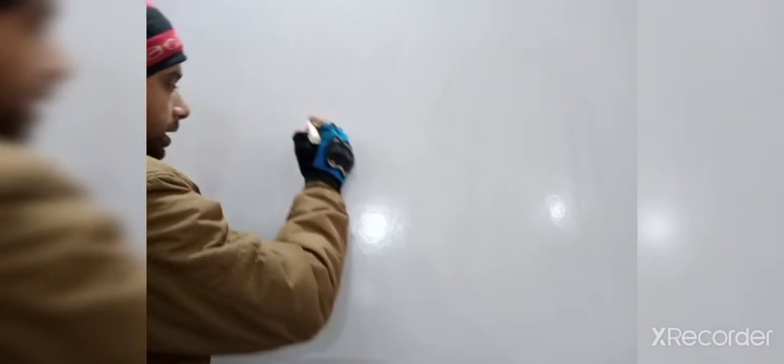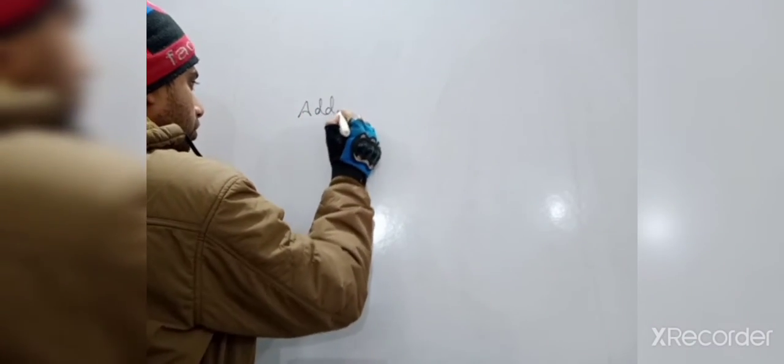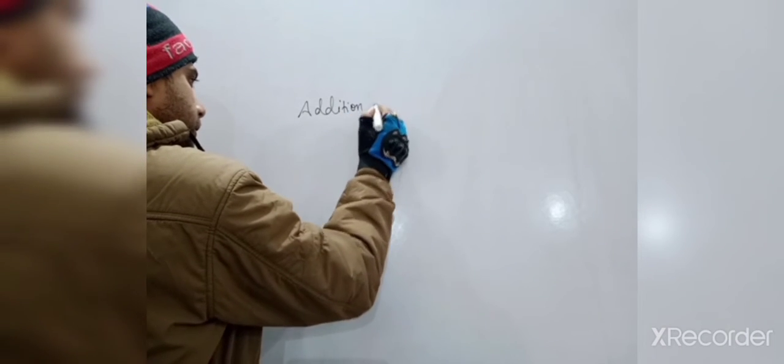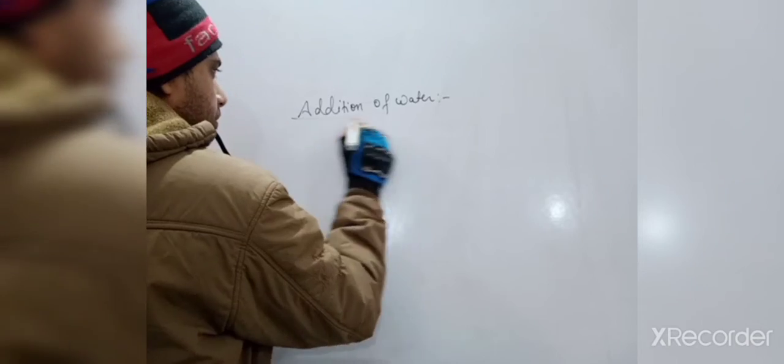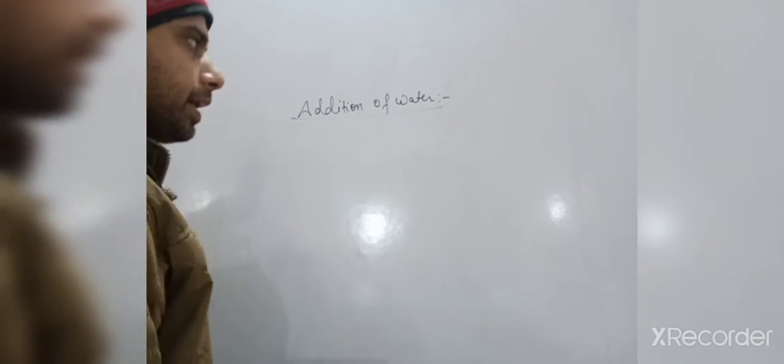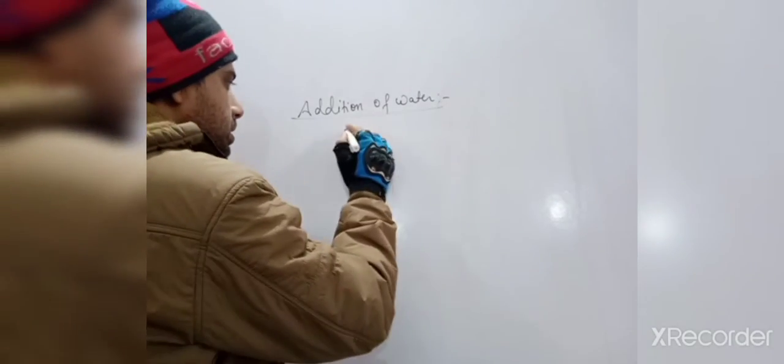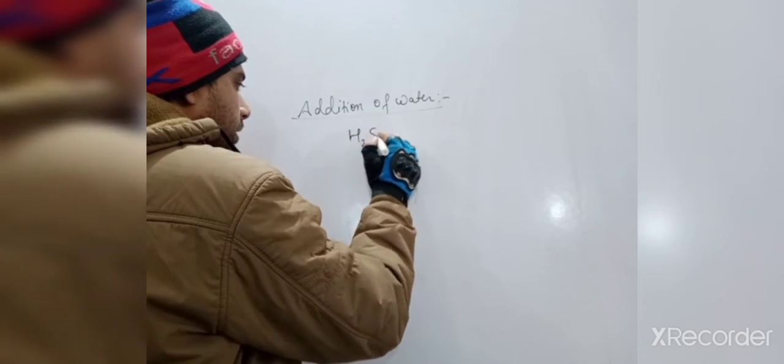Okay, so in this video we are going to talk about the addition of water in the chemical properties of alkene. Here we will write the addition of water. Every time there will be a catalyst, and that one is H2SO4.